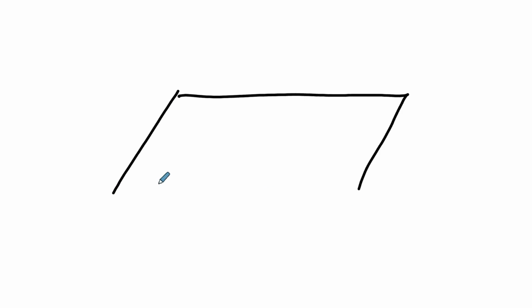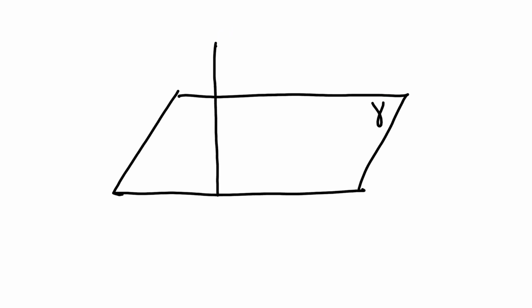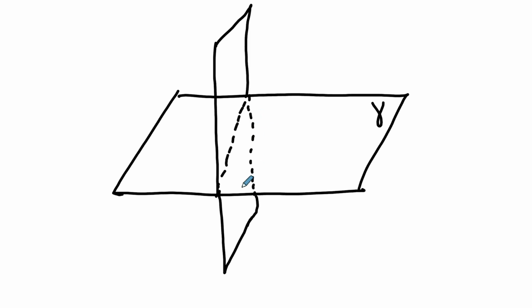Okay, but what do we do when two planes come together? If you have plane gamma like so, and you want to draw a plane that is perpendicular to plane gamma, how do you do that? Well, it would appear that you would have to have some plane like so that intersects, and maybe it goes below, and that's fine, just showing that there's stuff underneath.